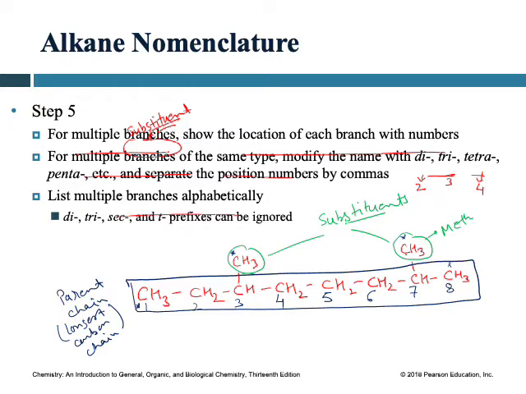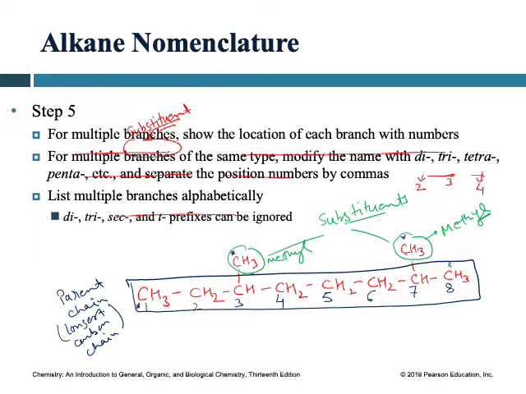If you remember, I told you the substituent ends with YL, so this is methyl. This carbon is also a substituent, just one carbon, also methyl, right? So you have two substituents and both of them are methyl groups, right?